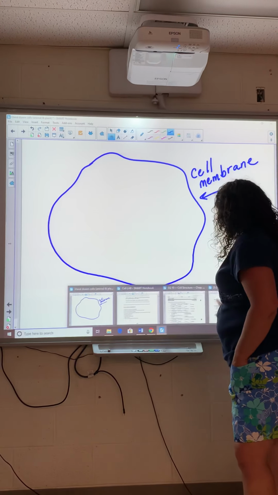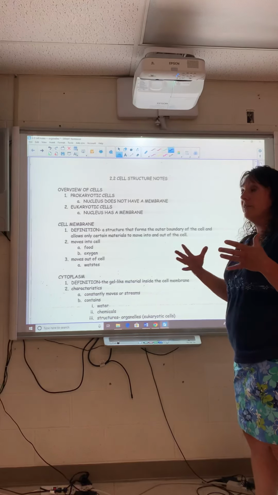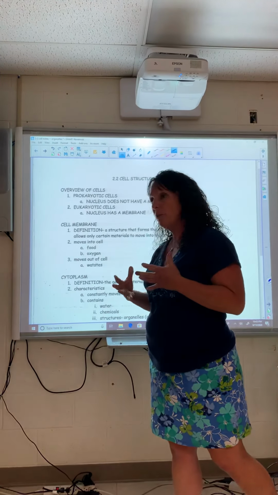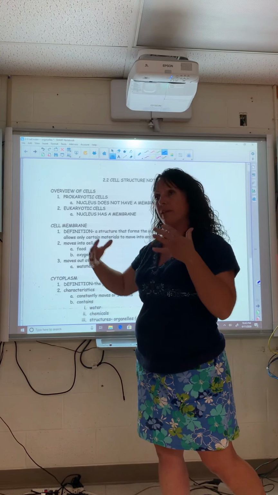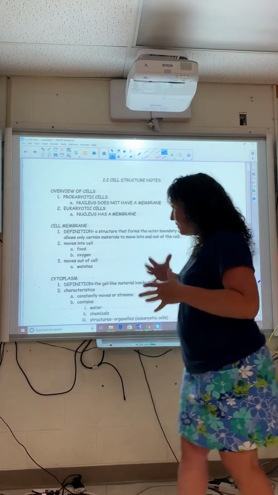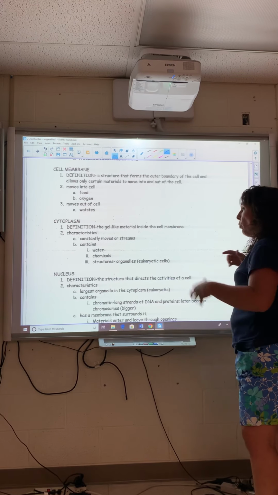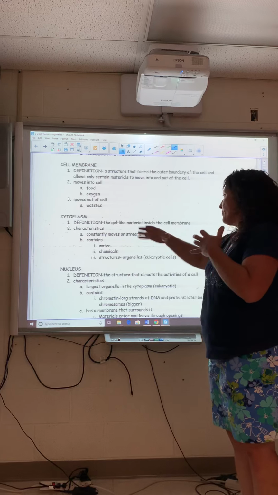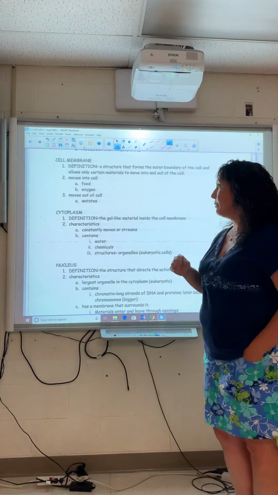Okay, so let's go back to our notes and let's talk about, well, what gives the cell its shape? Well, it's the cytoplasm inside of there. That's the main thing, the gel-like substance that keeps everything moving and makes sure the cell has a type of form. It has all of the water, it has the different organelles within it, and it's just that material inside the cell that continuously moves.